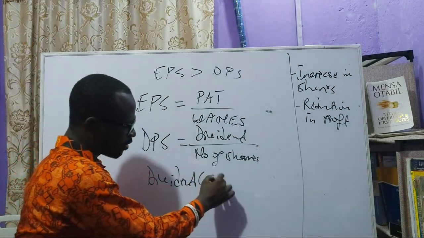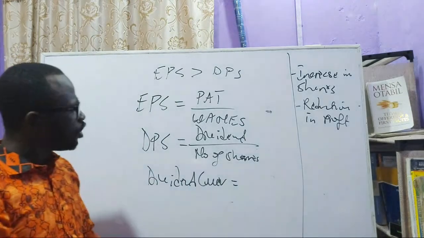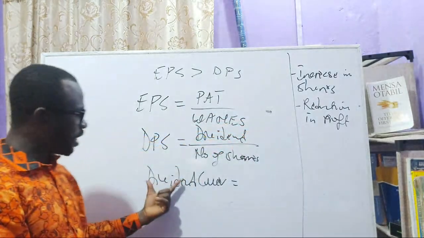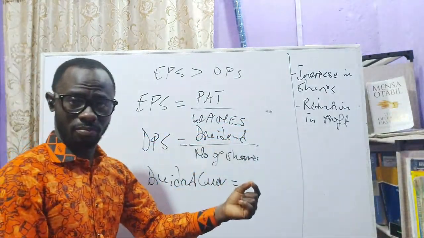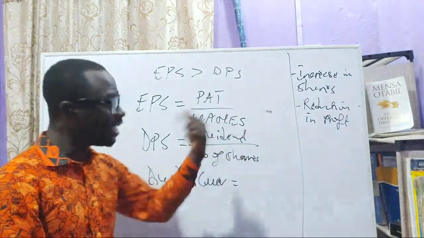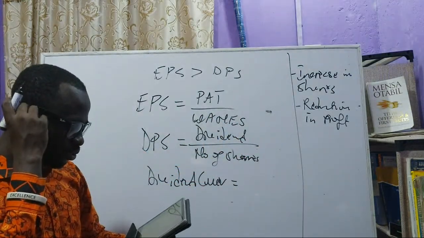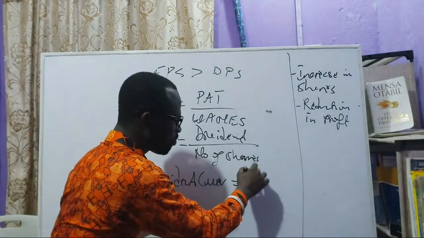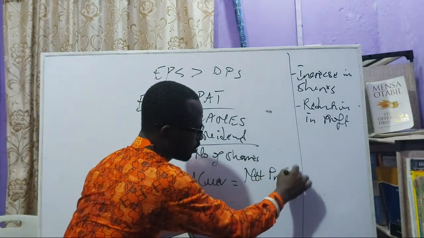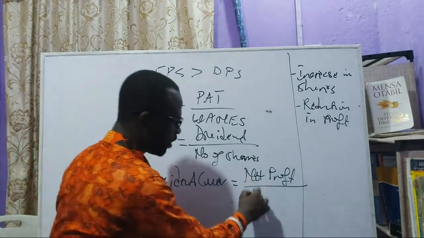The dividend cover. So sometimes your earnings per share may be falling, but the dividend cover may be still positive, maybe still more than one. In that case, there is no issue for us in relation to that. So that would be net profit divided by the dividend that we are paying.